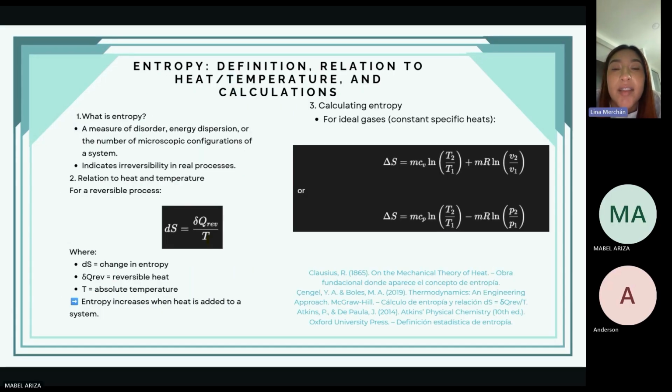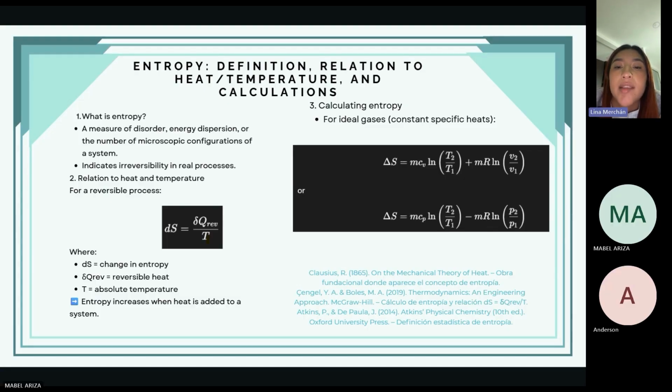Next. In the entropy section, define the relation with temperature and calculate. Number one, what is entropy? A measure of molecular disorder and randomness of a system, it indicates the irreversibility in real processes. Number two, the relation between heat and temperature for the process. Formula: dS, the change in entropy, reflects the heat over absolute temperature.